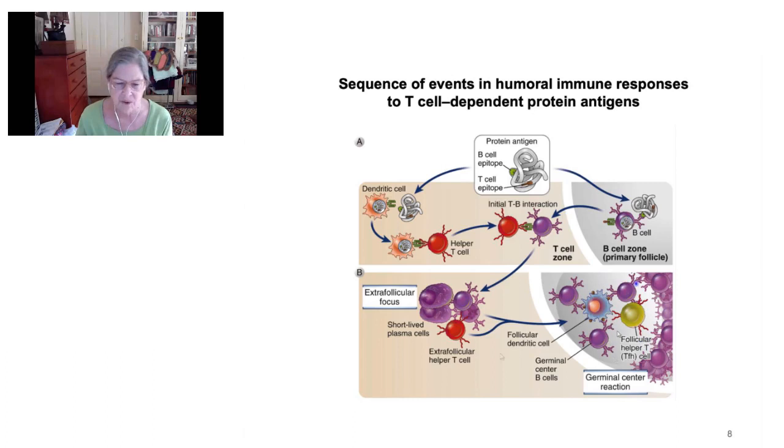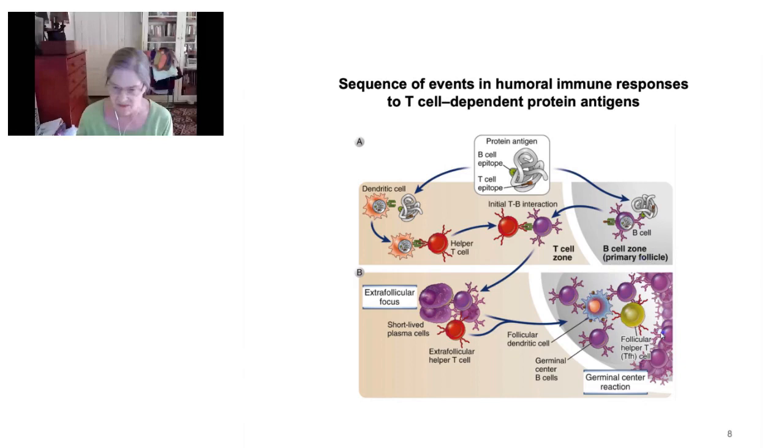So it's going to upregulate basically chemokine receptors that are going to make it move in, and the activated B cells will also now move in with the T cells into the follicle, where they're going to set up and create a germinal center out of that primary follicle.